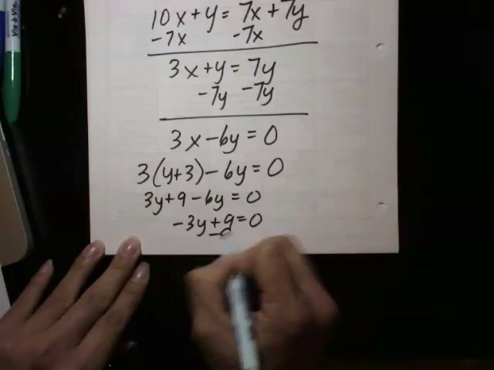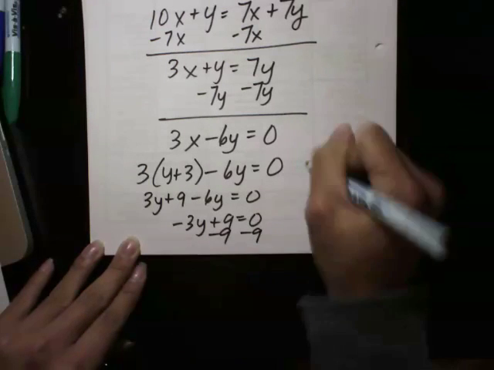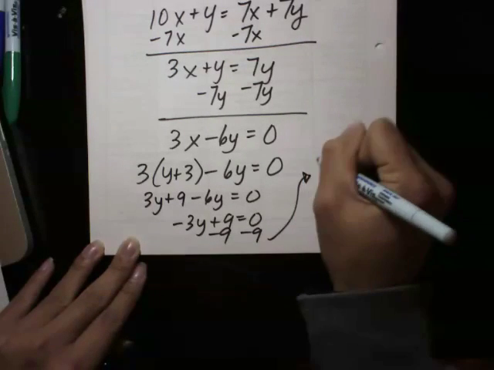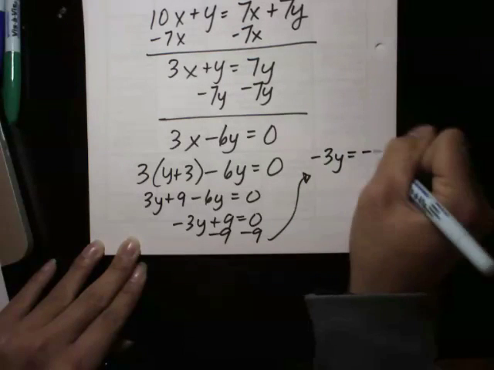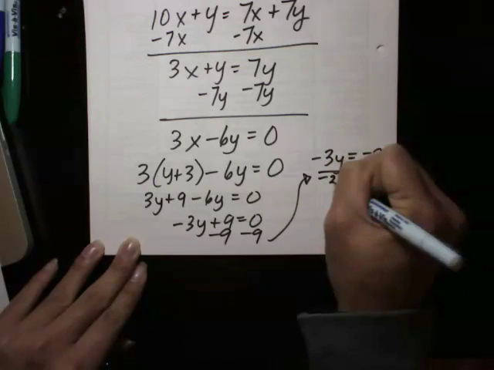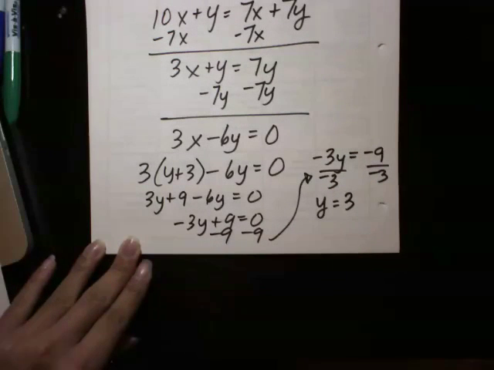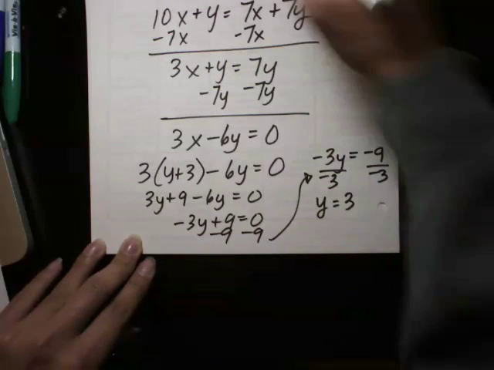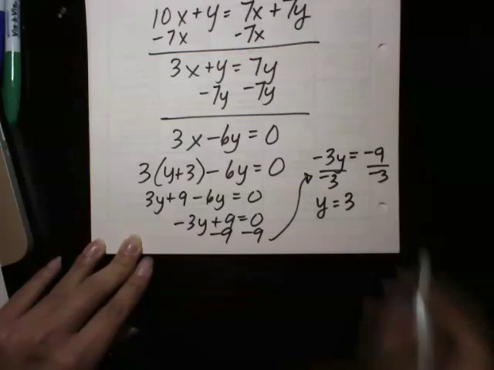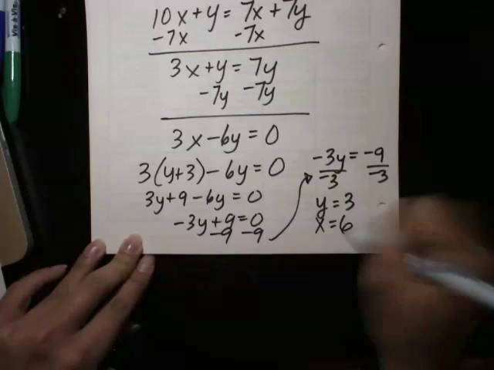So subtracting 9 from both sides, negative 3y will be equal to negative 9, dividing by negative 3, y will be equal to a positive 3. Well, y is equal to a positive 3. You can see that x will be 6.